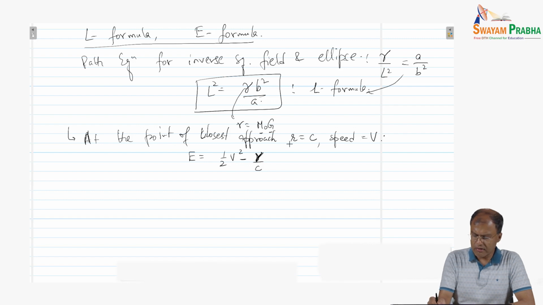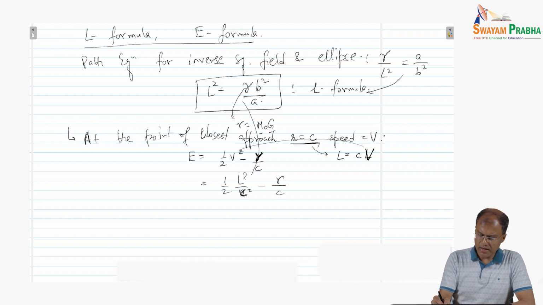Using conservation of angular momentum, L is c times v, and we can substitute v here. So this is half L square by c square minus gamma by c, and we can plug in my L formula here, and we see that this is also equal to gamma b square by a c square minus gamma by c.